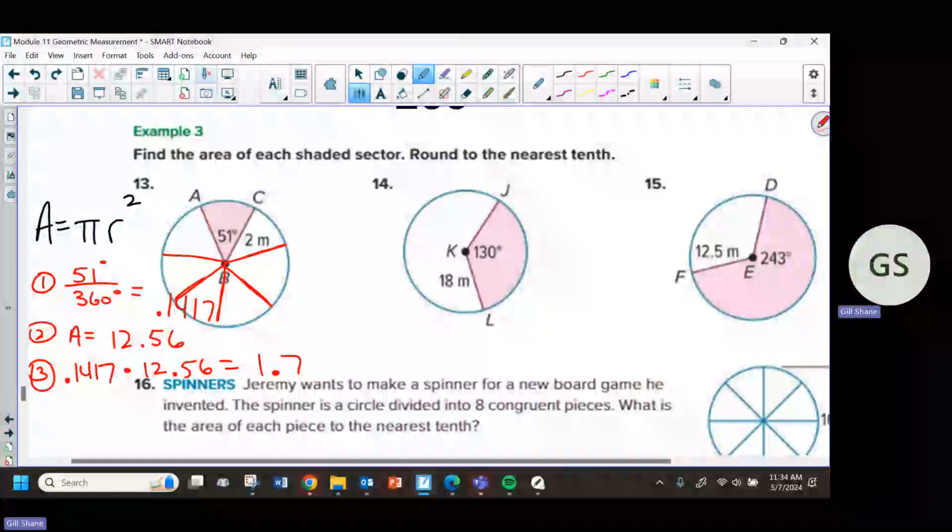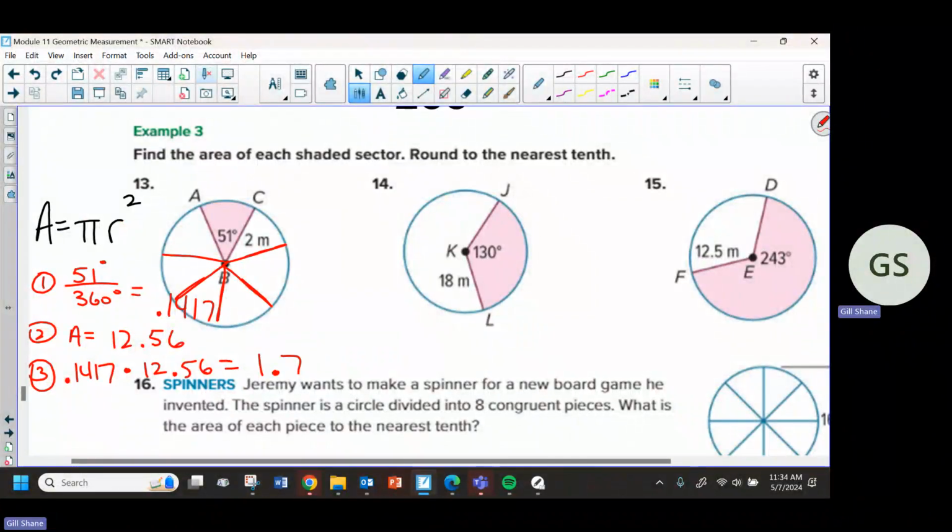So again, 12.56 is the area of the whole circle. 1.7 is the area of just that section of the circle. And if they were all 1.7, I could say, does that make sense? Would that add up to about 12.5?